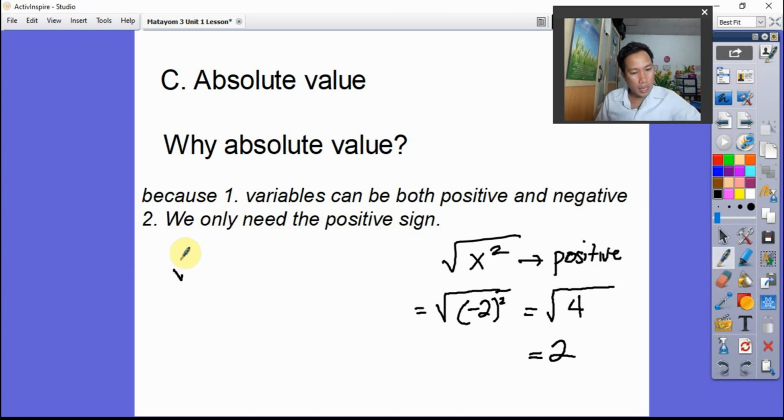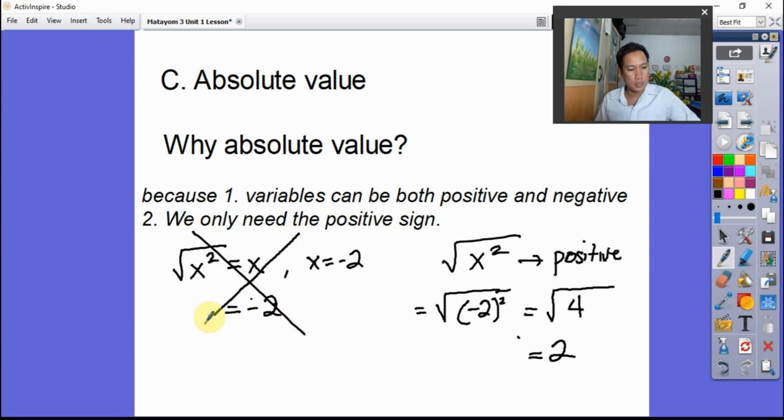Now, if you don't put the absolute value sign, x squared is equal to x, and what if x is equal to negative 2? This one is equal to negative 2. So they are not the same. That's why this one is wrong.